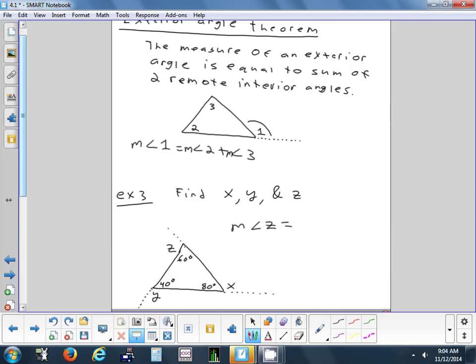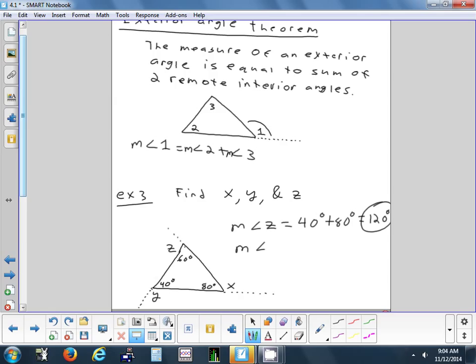What two angles would you add up that would be equal to angle z? Yep. 40 and 80. And 40 and 80 gives me 120. So there's the measure of angle z. It's 40 plus 80.